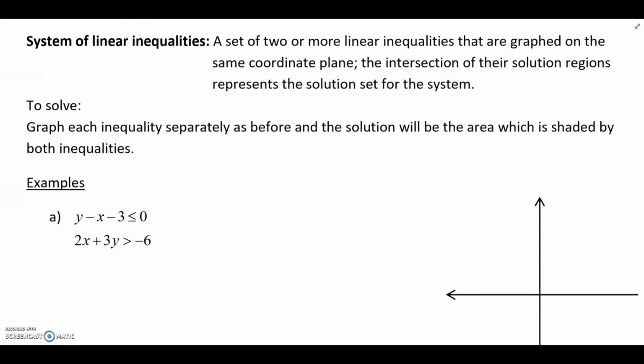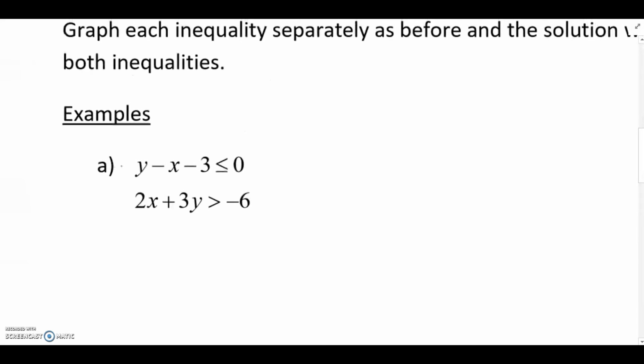So let's take first a look at these two inequalities. I'm just going to label them 1 and 2. And you can see y is not isolated in either of them, so let's start by doing that. So for the first one, we've got y minus x subtract 3 is less than or equal to 0.